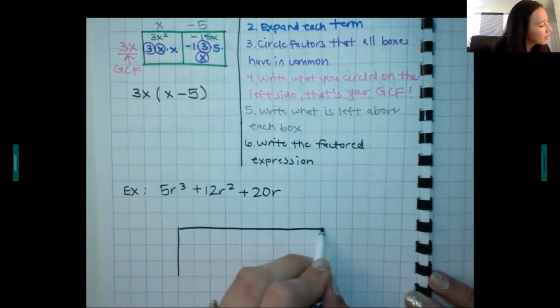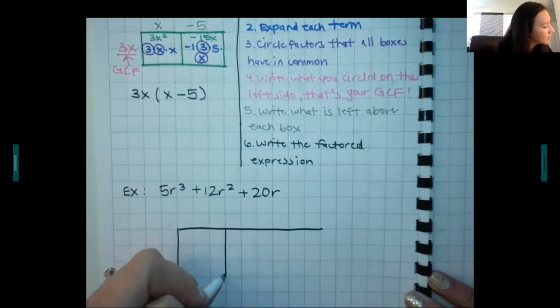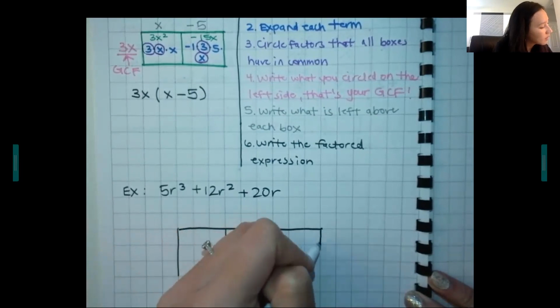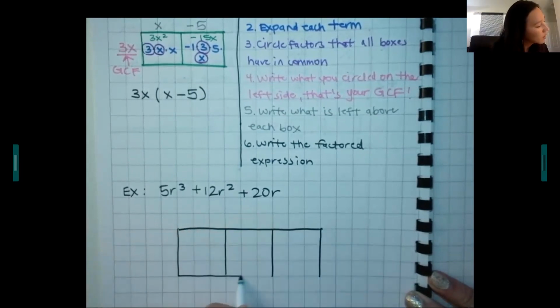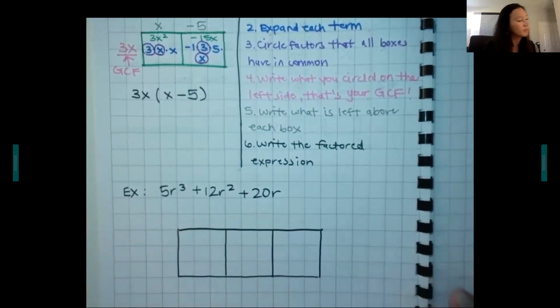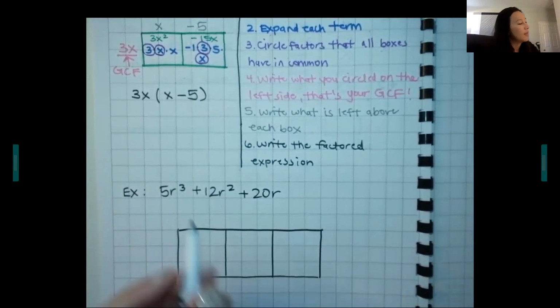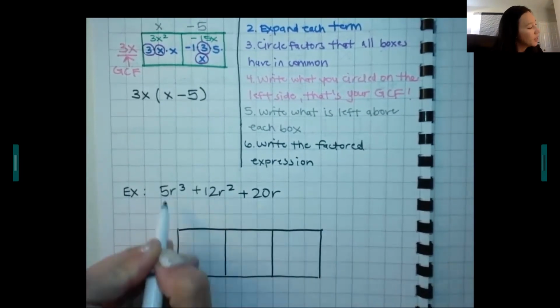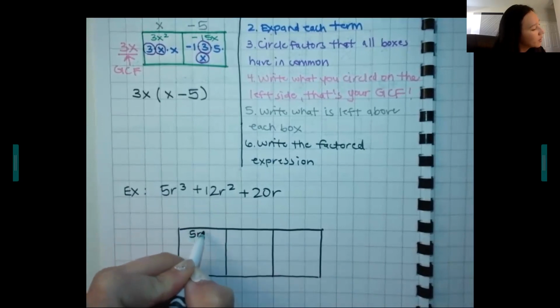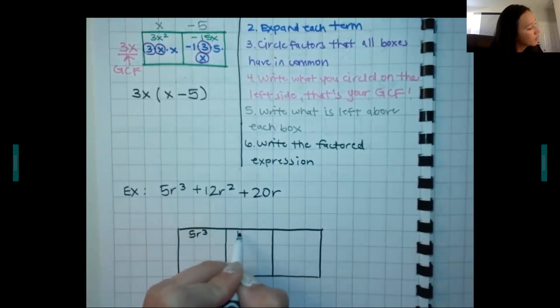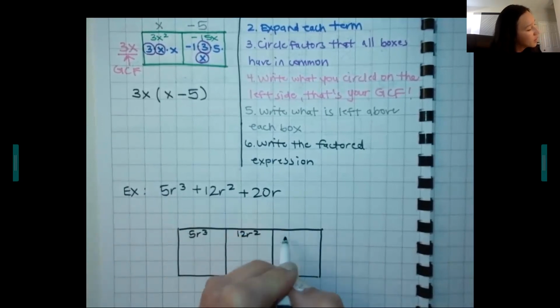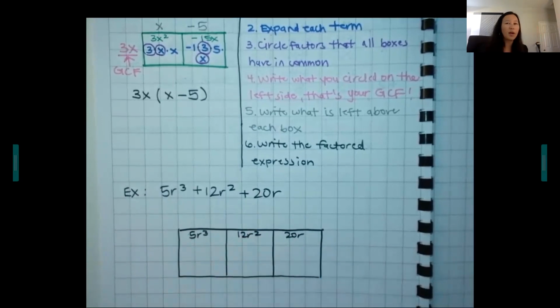And I'm just going to make it nice and big since I have the space. And then that way we can put 1 term in each box. So we have 5r cubed in our first box, 12r squared in our second box, and 20r in our third box. And then we'll go ahead and follow our steps.